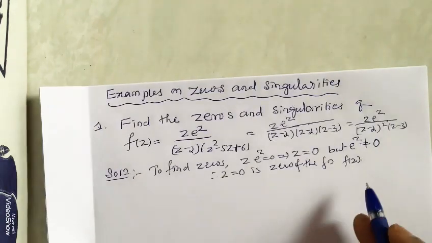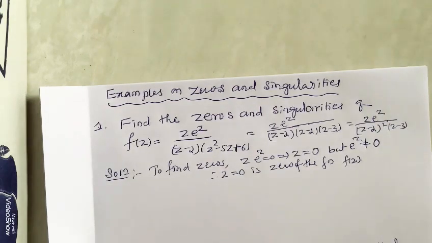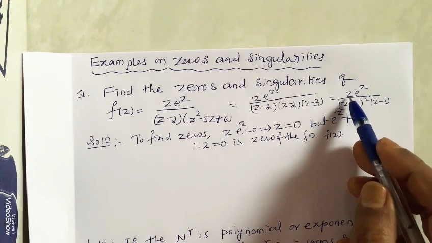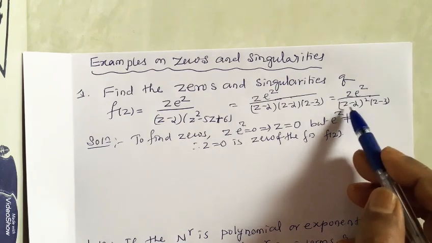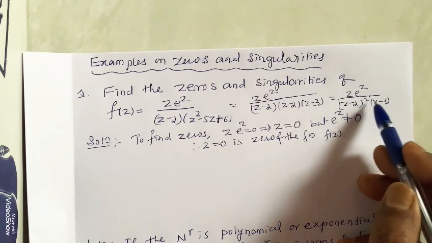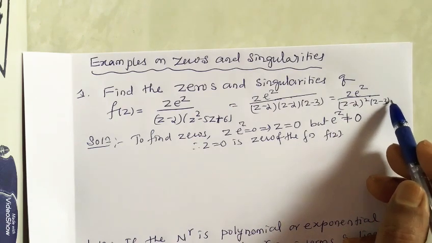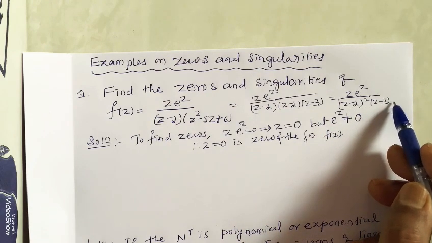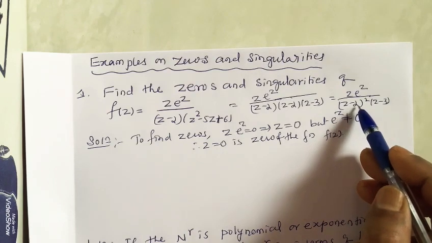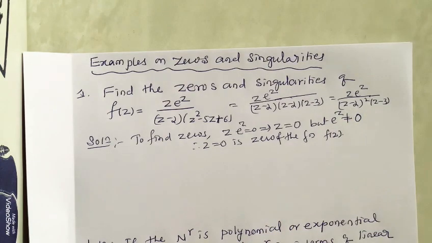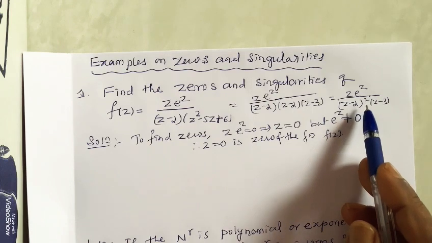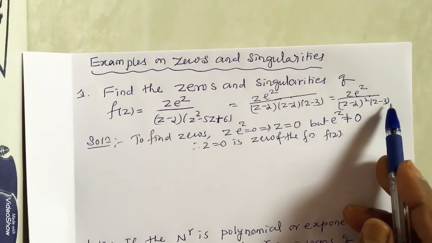See in this example, if you expand this, z into e raised to z, you write a divided by z minus 2 plus b divided by z minus 2 whole square plus c divided by z minus 3. Therefore, negative powers of z minus 2 are only 2, and negative power of z minus 3 only 1. Therefore, in the Laurent expansion, the principal part contains only a finite number of terms. Therefore, z is equal to 2 is a pole of order 2, and z is equal to 3 is a pole of order 1 here.